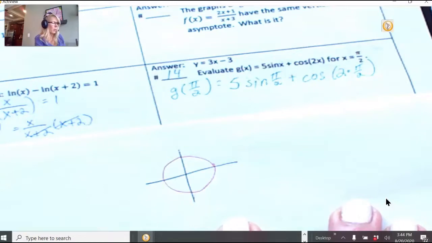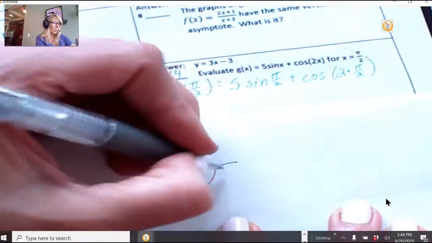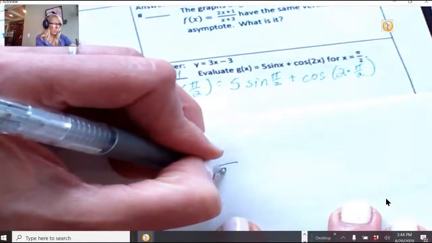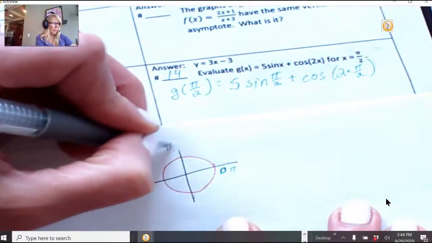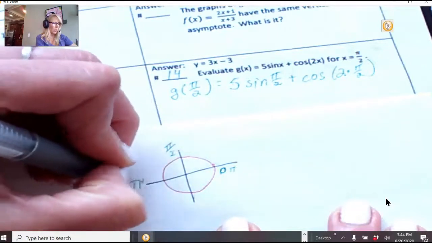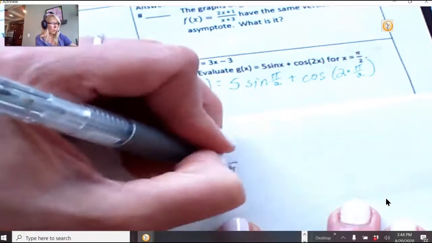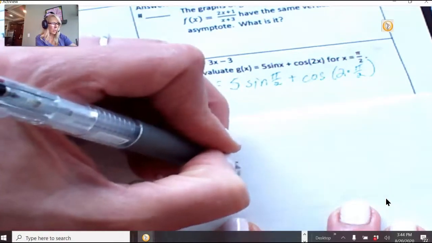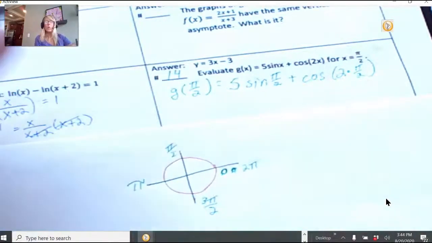So that'll help you because this is 5 times sine of pi over 2. So you remember this is 0 pi, and then up here is pi over 2, and over here is pi. This was 3 pi over 2, and if you go all the way around, you end up with 2 pi. So you could call this 0 pi or 2 pi, it doesn't matter. We only use radians in calculus, so at least you don't have to figure out, am I doing degrees, am I doing radians? It's always radian measurement.